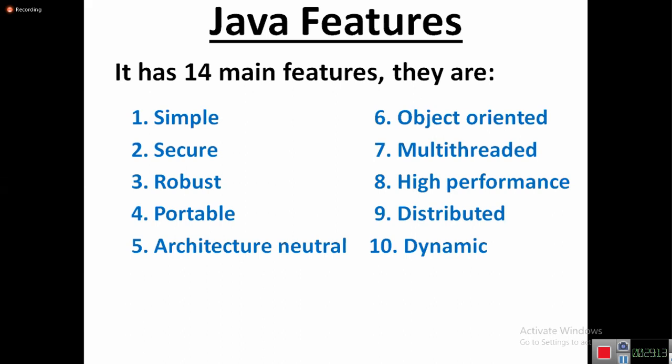If you fall down, nothing happens, you land safely. If any bone breaks, it comes and attaches again easily. Portable, you can move from one state to another. Architecture neutral, your body adjusts according to the climate. Object oriented, multi-threaded, high performance, distributed, dynamic.